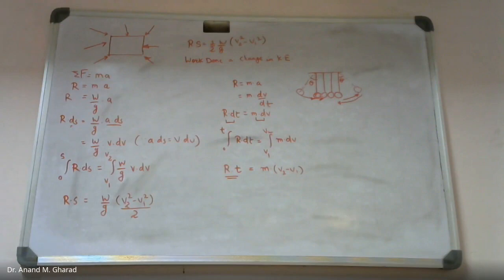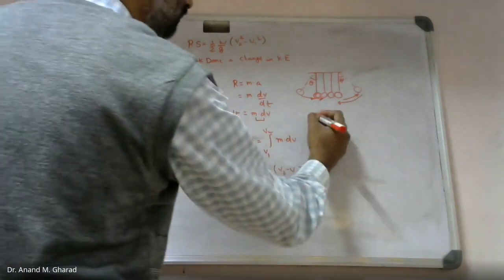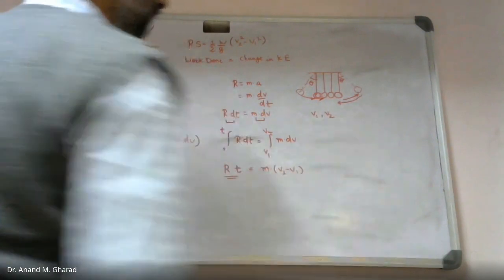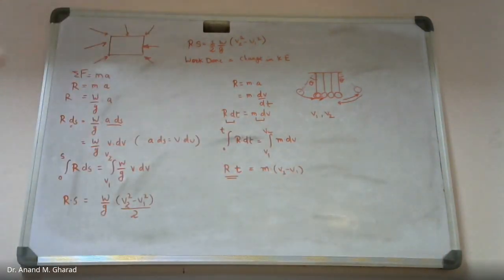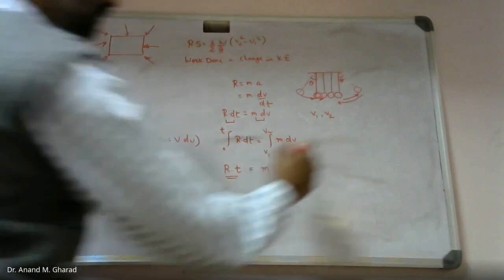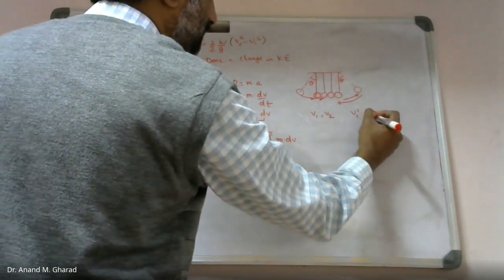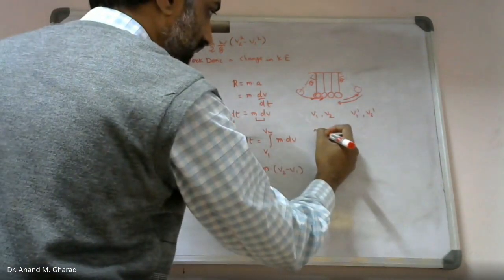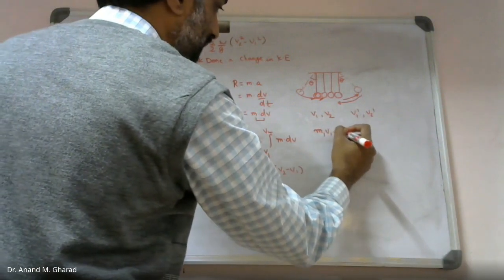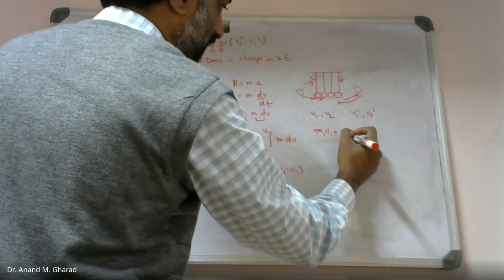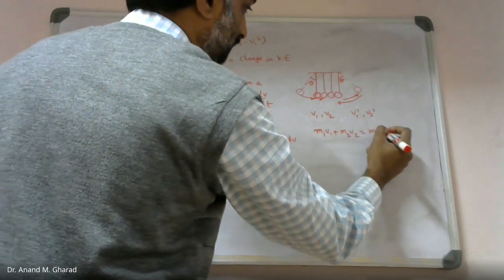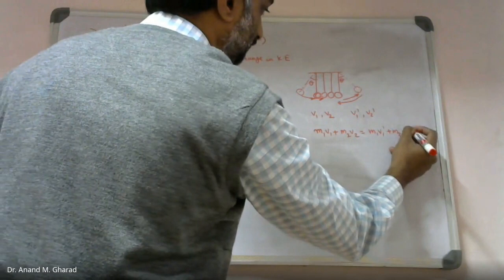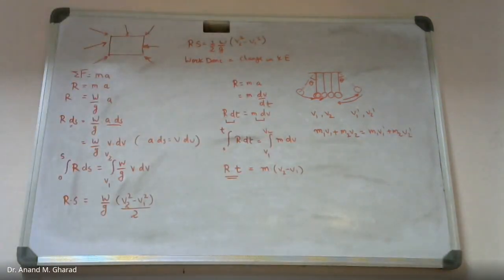So if we consider V1, V2 as the initial velocities of, let's say, two bodies, for instance, and V1 dash and V2 dash be the final velocities, then as per this principle, M1 V1 plus M2 V2 is equal to M1 V1 dash plus M2 V2 dash. Right? So this is the law of conservation of momentum.